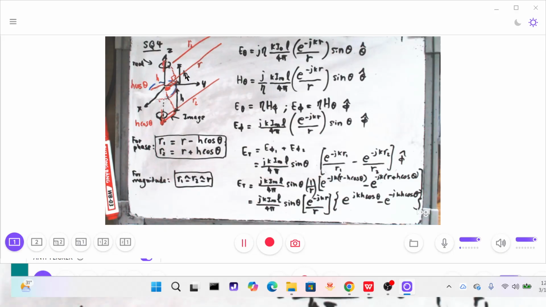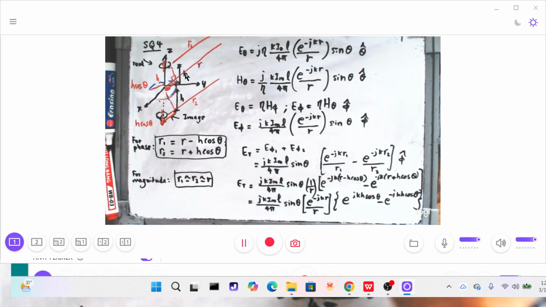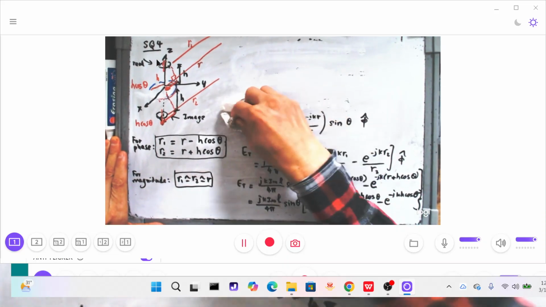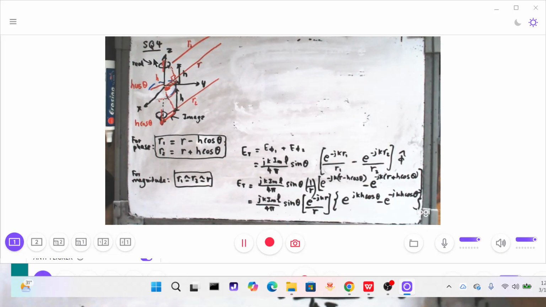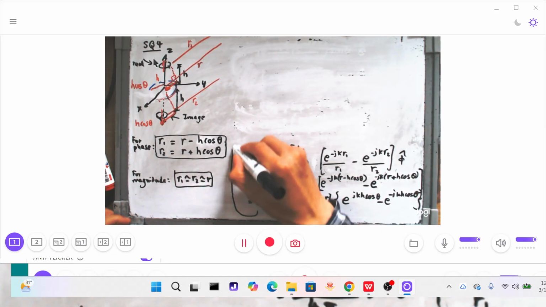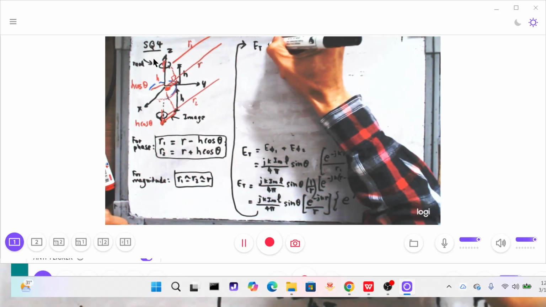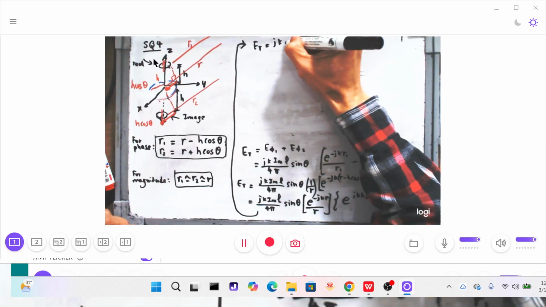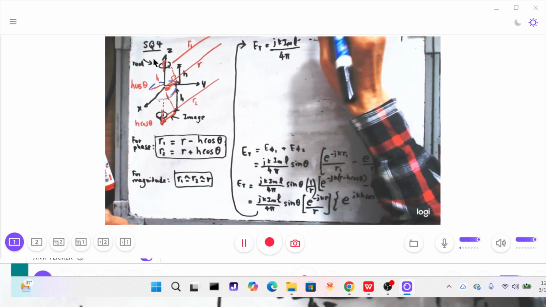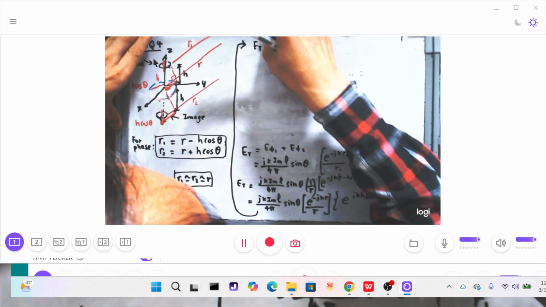I am running out of space, but I can erase the upper part here to continue with our solution. I will continue here. So E of t is equal to jk I m l o over 4 pi, and yeah, not very clear. Pen is not very important.